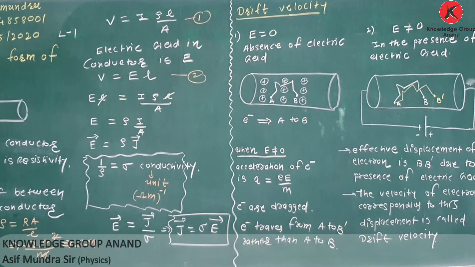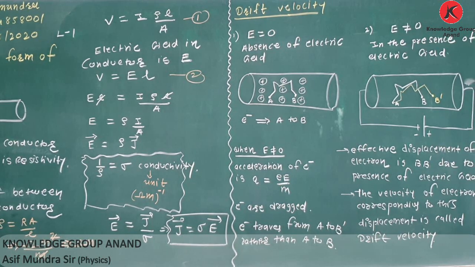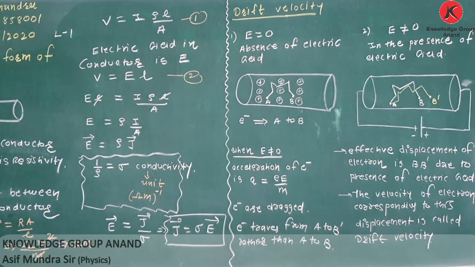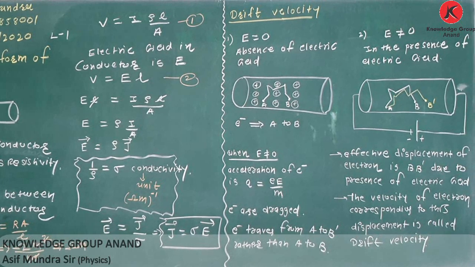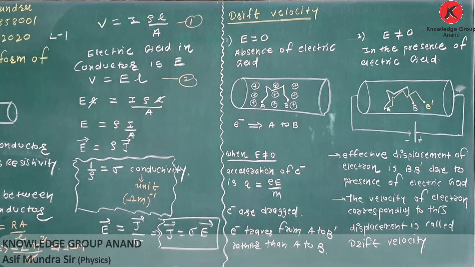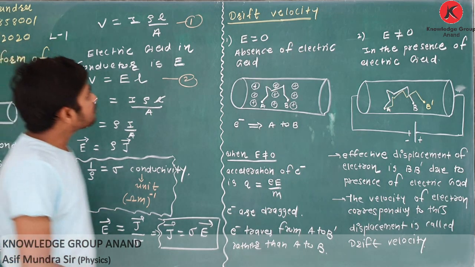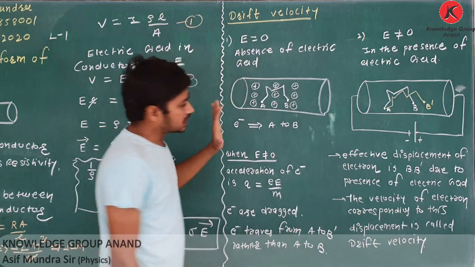Yes, you know the configuration of conductors. Conductors are made up of positive ions fixed on lattice points, while electrons are free to move in random directions. See, it is one conductor.